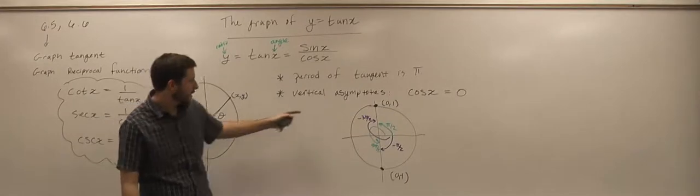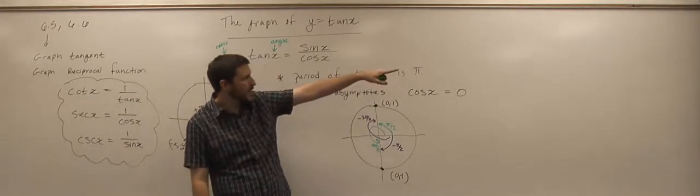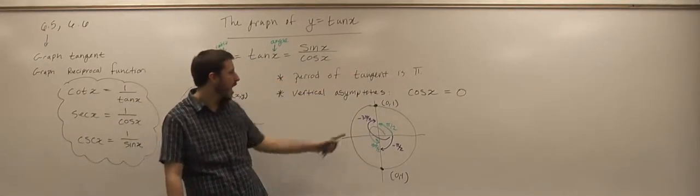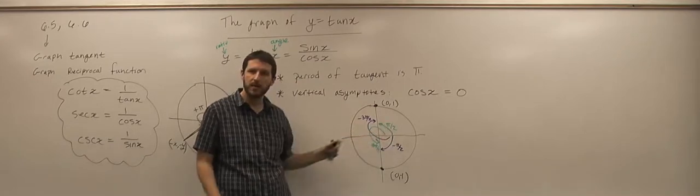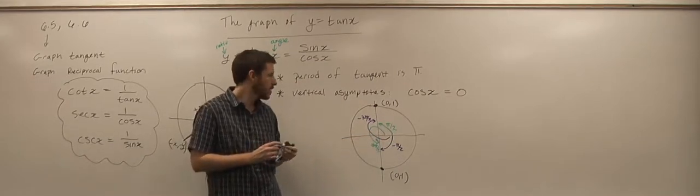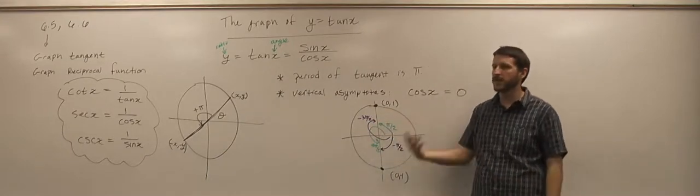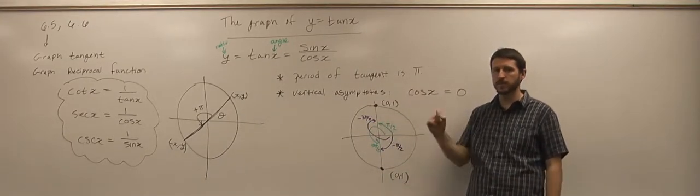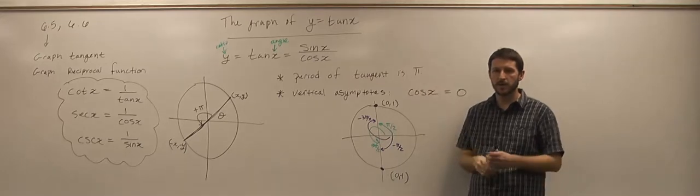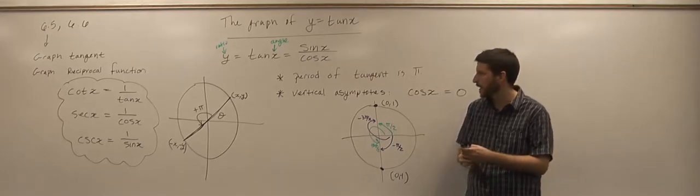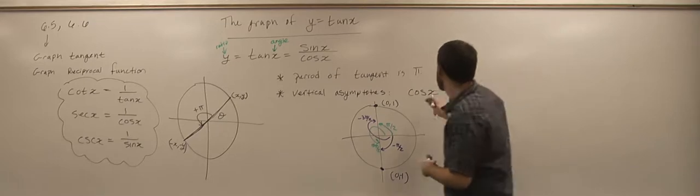So I said the graph of y equals tan x has vertical asymptotes at odd multiples of pi over 2. What that means is pi over 2, 3 pi over 2, 5 pi over 2, 7 pi over 2, any odd number times pi over 2, tangent's going to have an asymptote.